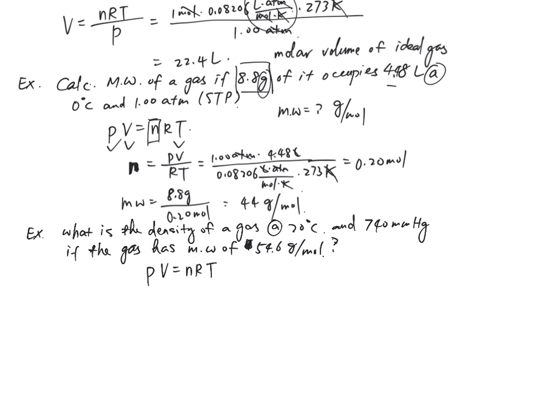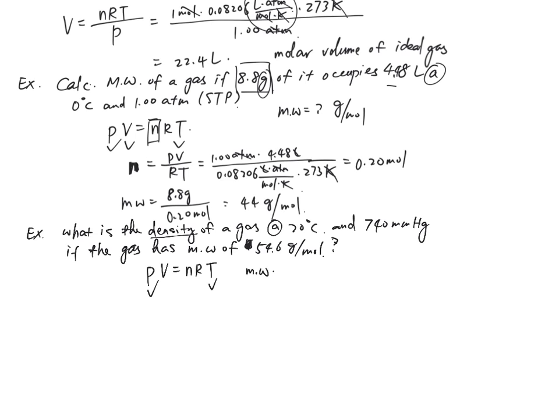Now, what do we know? I know T, I know P, and I also have molar weight, molecular weight, or molar mass. But I'm looking for density. There's no density in the ideal gas law.